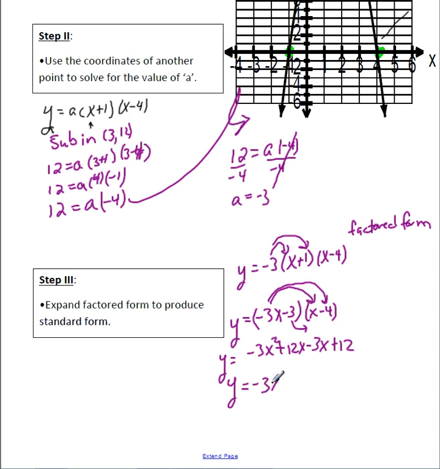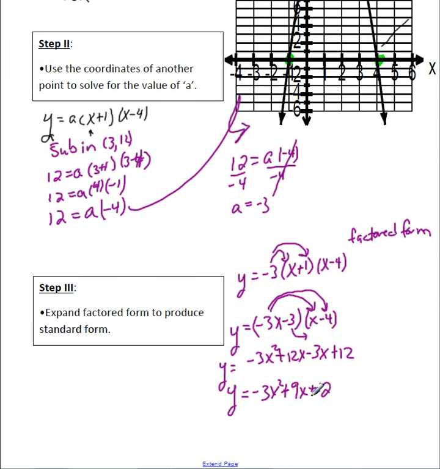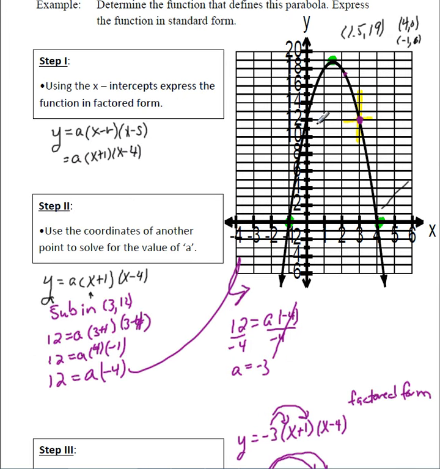So -3x squared plus 9x plus 12. If you look back up, just a quick check, our y-intercept from the equation should be 12, and it is 12.